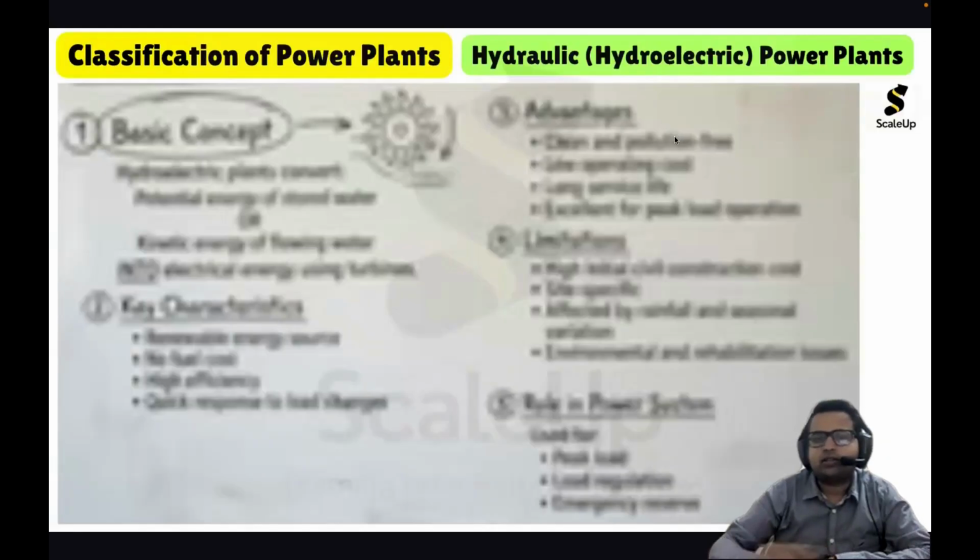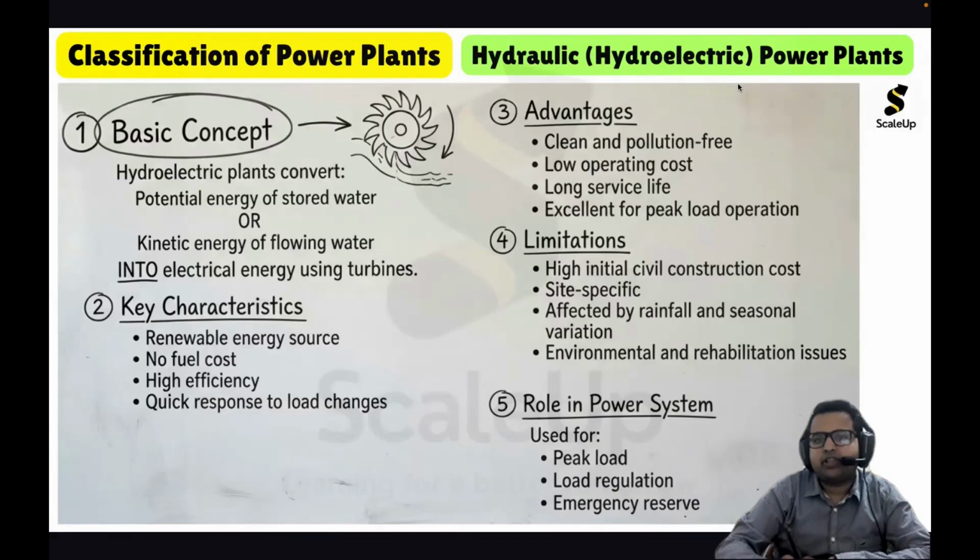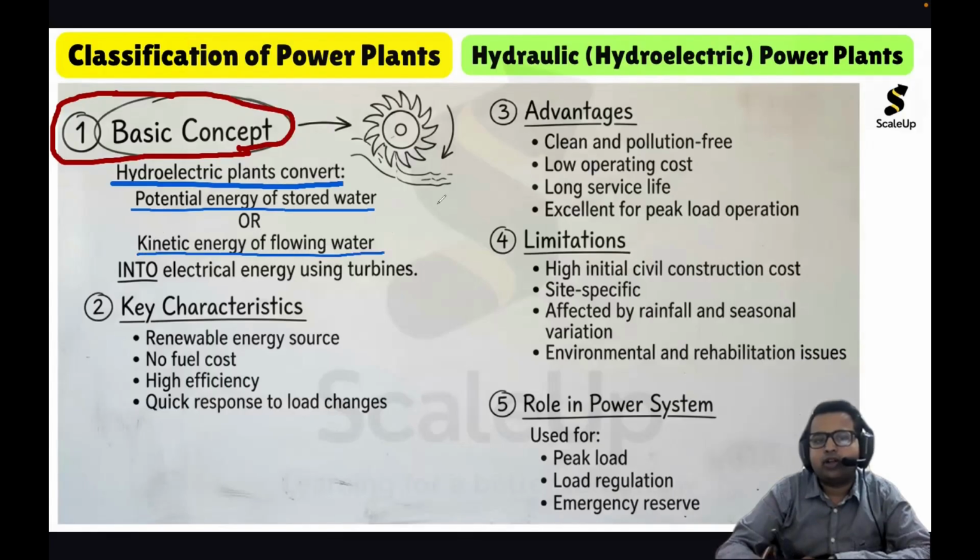Now we will discuss hydraulic or hydroelectric power plants. Hydroelectric power plants convert potential energy of stored water or kinetic energy of flowing water into electrical energy using turbines.